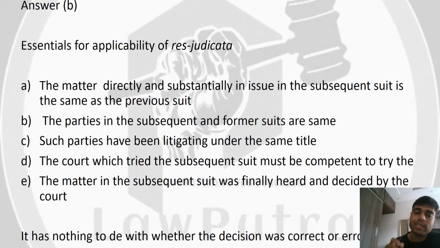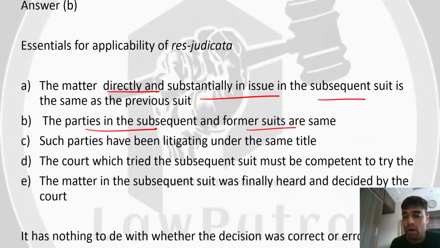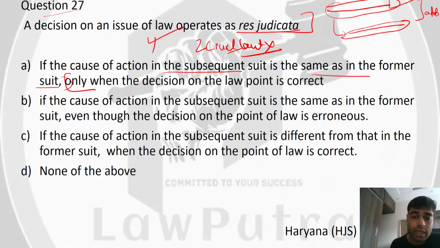Okay, res judicata simply means that if the matter is directly and substantially in issue in the subsequent suit, and the parties in the subsequent suit and the former suit are the same and they are litigating under the same title, then that particular suit cannot be instituted in a second suit. It has nothing to do with whether the decision was correct or not. So that's why the option will be B. Even though the decision on law point is erroneous.